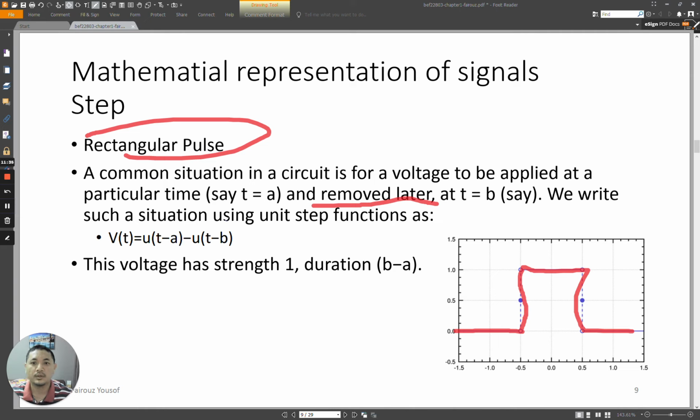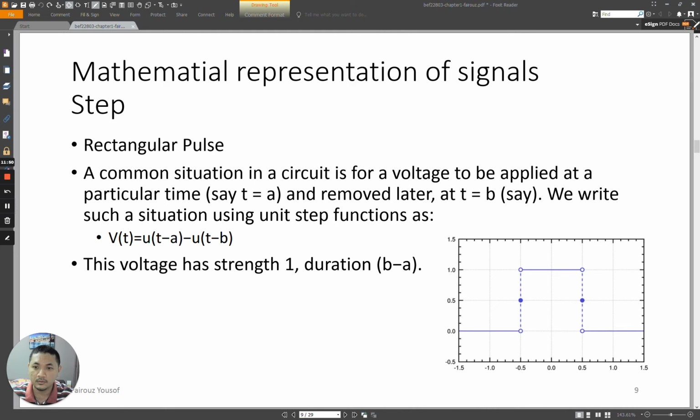All right, so in terms of mathematical representation of this signal, we use this. Okay, so u(t minus a) is this, right? And then u(t minus b) will cause this.